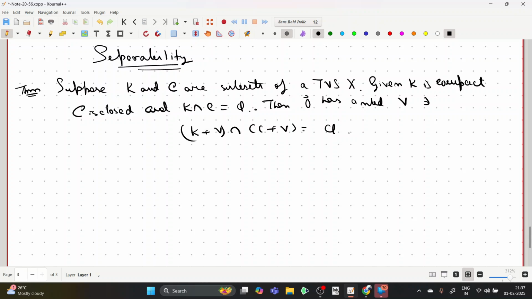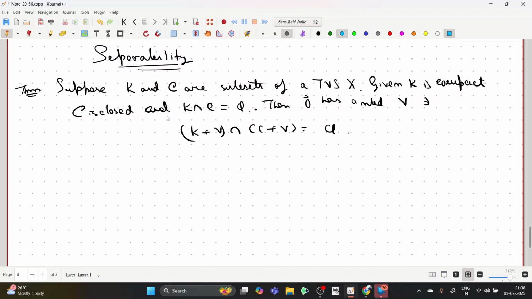This is the basic statement of separability: if I choose two subsets of a topological vector space, one compact, one closed, and they are disjoint, then I'll get a neighborhood V of the origin such that if I translate V by the vectors in the compact set, and translate V by the vectors in the closed set, they are still disjoint. To prove this will require a separate notion, but there are some things we can immediately observe.